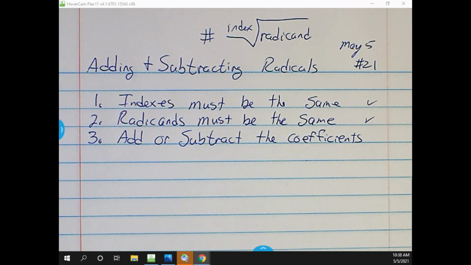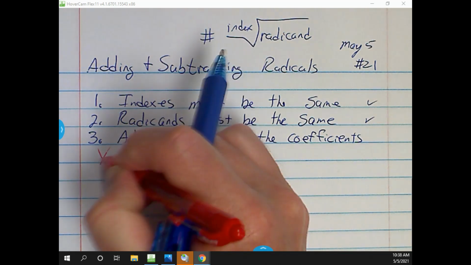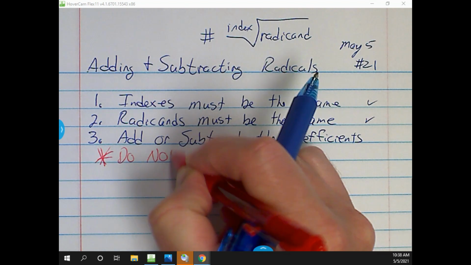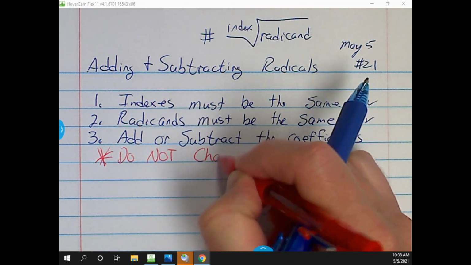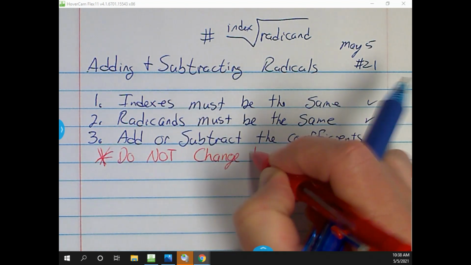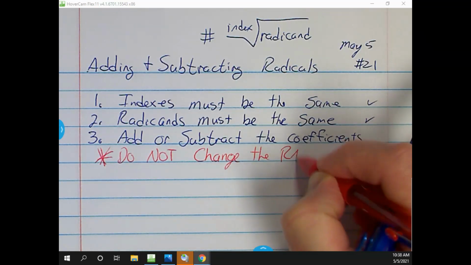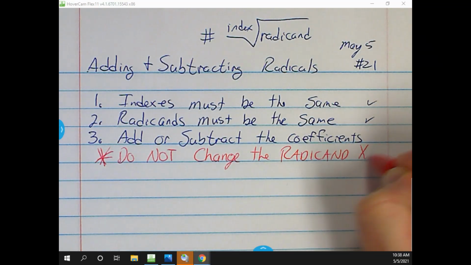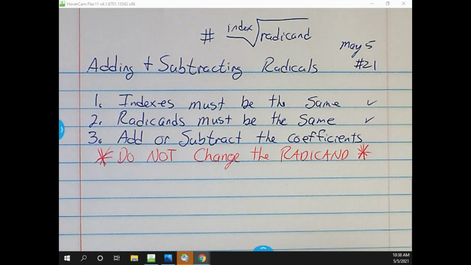And one thing you've got to try to remember is that you do not change the radicand. We'll show you how that goes.